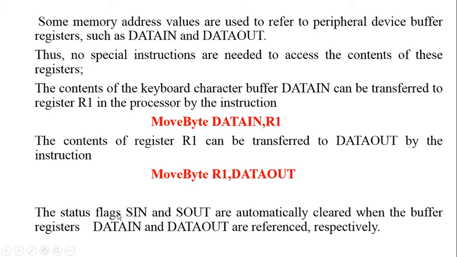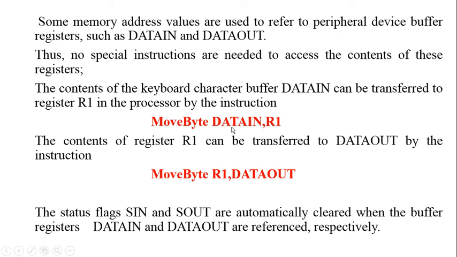This is possible if we can refer to these input output registers using certain memory address values. The status flags SIN and SOUT are automatically cleared when the buffer registers data in and data out are referenced respectively. If SIN equals 1, that means data is available in the data in register for the processor to read, and if SOUT equals 1, the display device is ready to receive a new character from the processor.